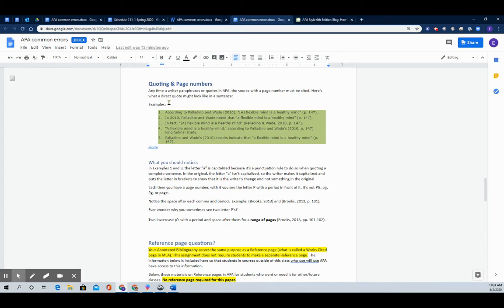Anytime you're paraphrasing or quoting, you have to have a page number in APA. In this green section right here, it's the same passage from Palladino and Wade, 2010, done 5 different ways.